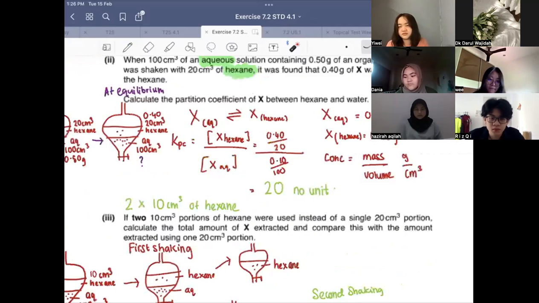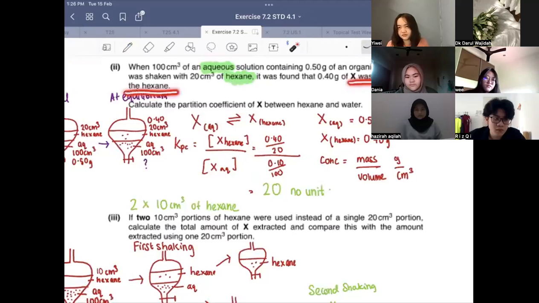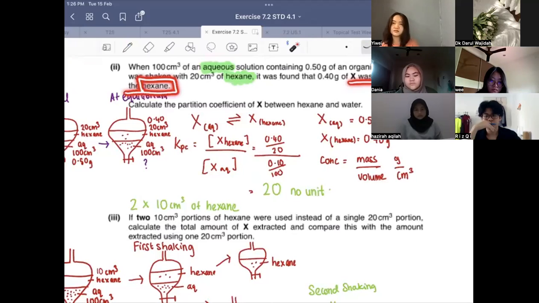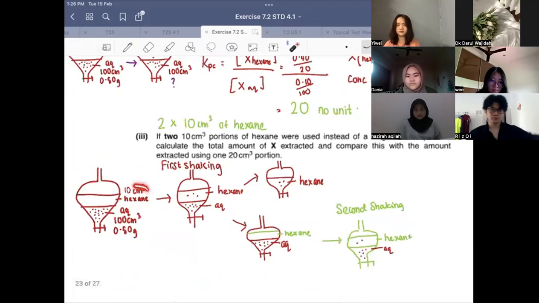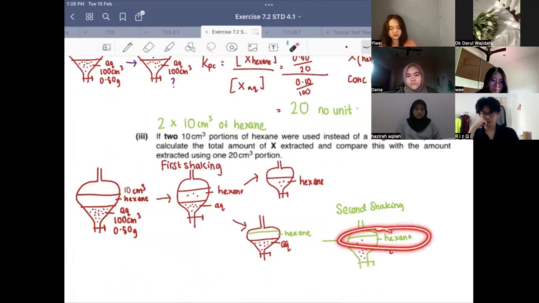But luckily, in the first part, it says that X was extracted into the hexane. So that means we are interested to know the total of X in the hexane layer when we add the first 10 centimeter cube of hexane with the second 10 centimeter cube of hexane.